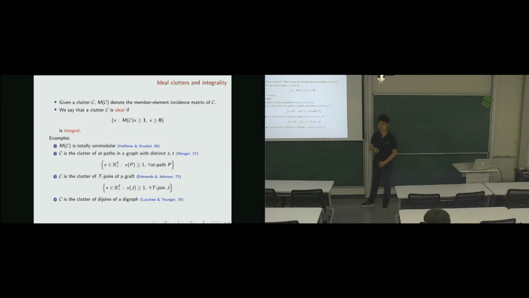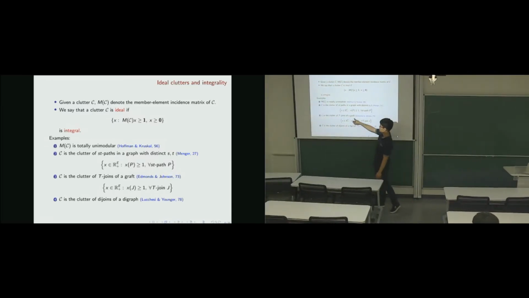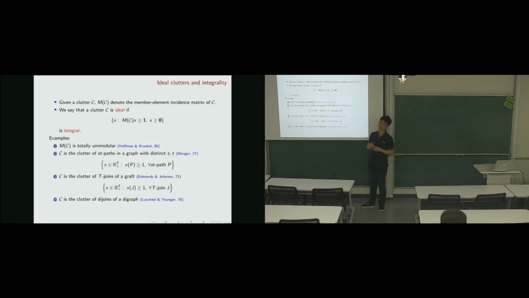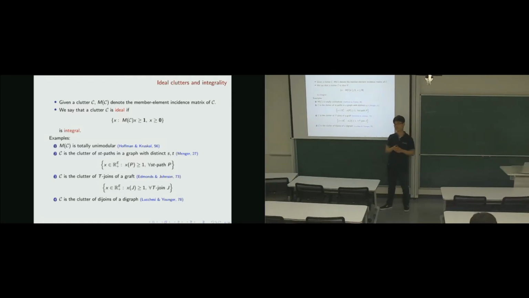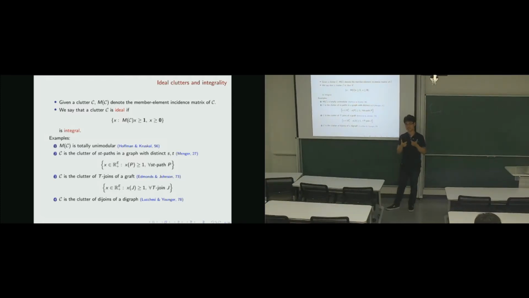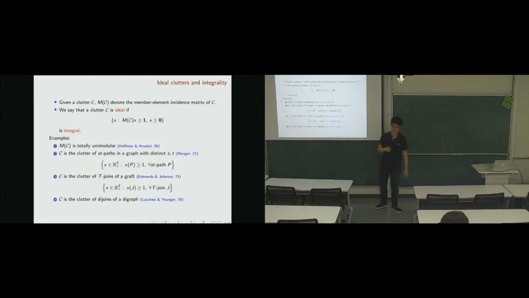What are T-joins of a graph? A graph consists of a graph and a set of vertices T. A T-join is basically a set of edges whose odd degree vertices are exactly the vertices in T, that is, the symmetric difference of the vertices appearing in the edges.